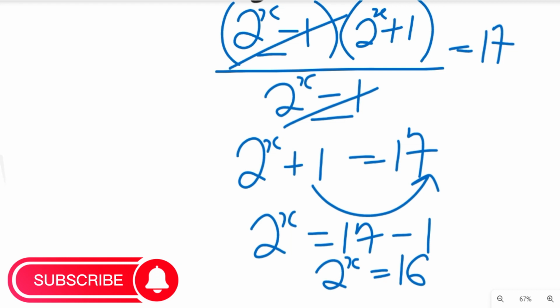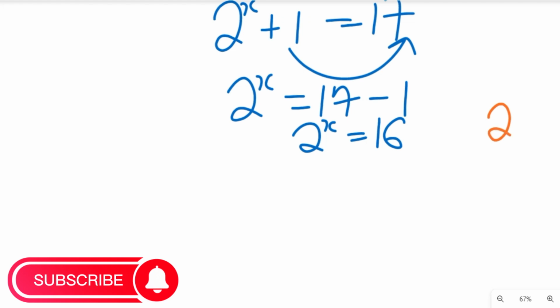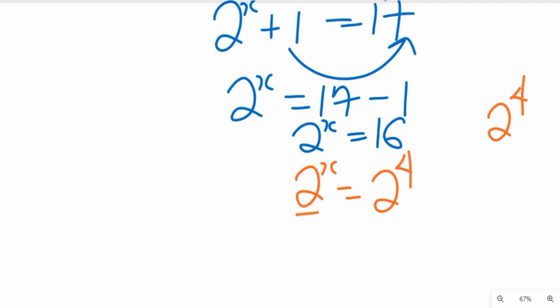If we simplify further, 2 to the power of 4 gives us 16. So 2 to the power of x equals 2 to the power of 4. Since they have the same base, according to the rules, we equate the exponents, so x will be equal to 4. This is the value of x that satisfies the exponential equation.